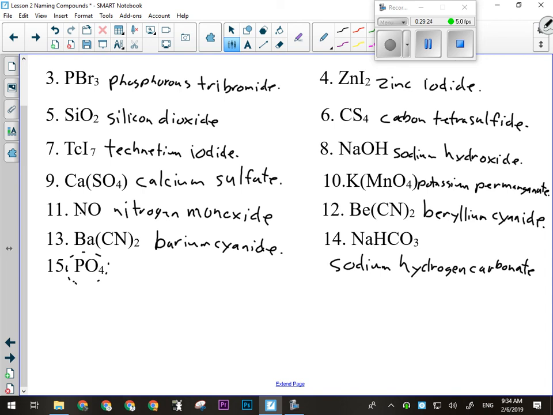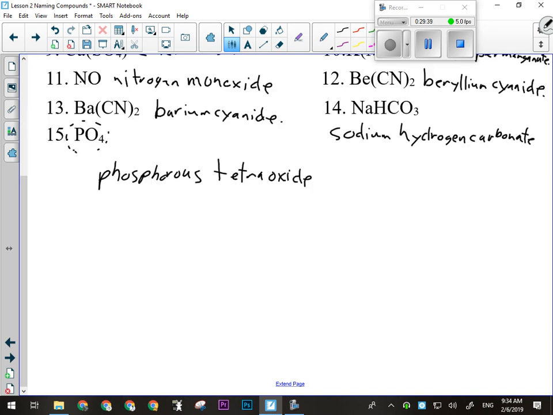This, because it's by itself, is its own compound and would be called phosphorus tetraoxide. If instead it was in a compound with magnesium, then it would be magnesium phosphate. But if it's not attached to anything else, then it's its own molecular compound. Doesn't come up very often, but once in a while.